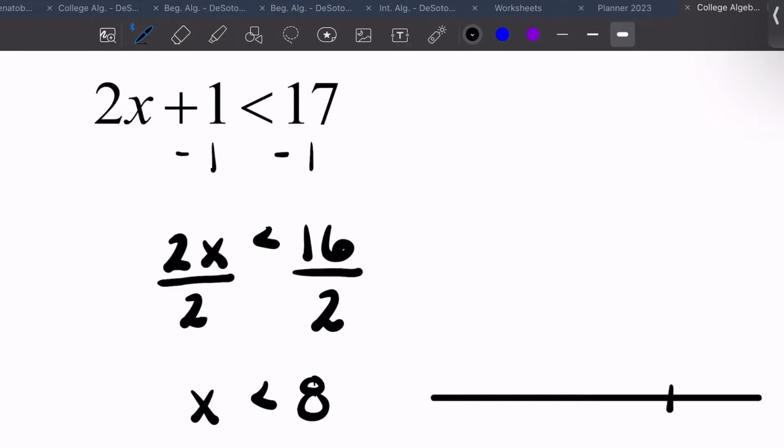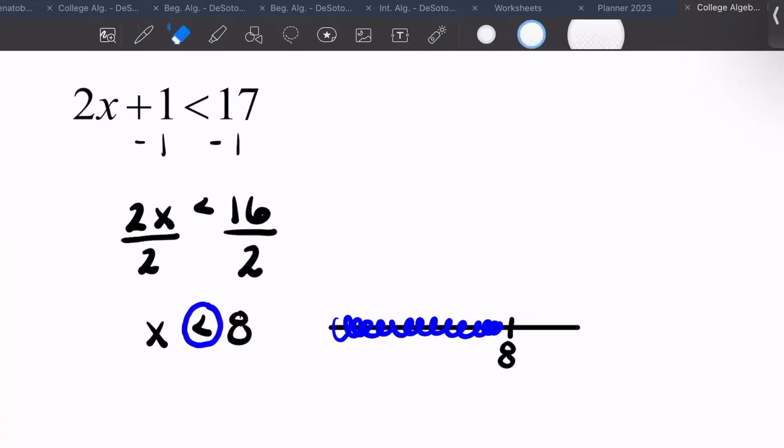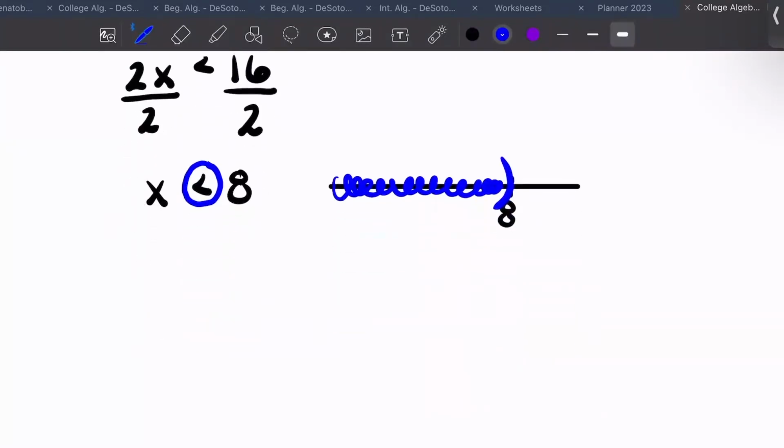All right, so here's 8. And x is less than 8. So it's all of these numbers, right? All of these numbers are less than 8. And I don't have an equal to sign on my inequality. So I'm going to put a parenthesis like that. All right. So to put that into interval notation, right?